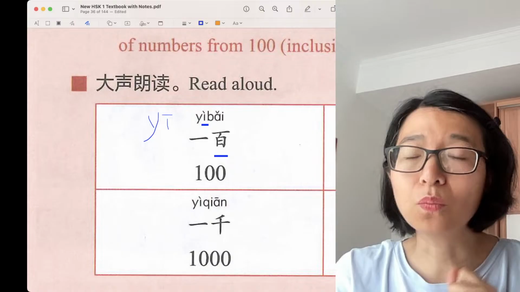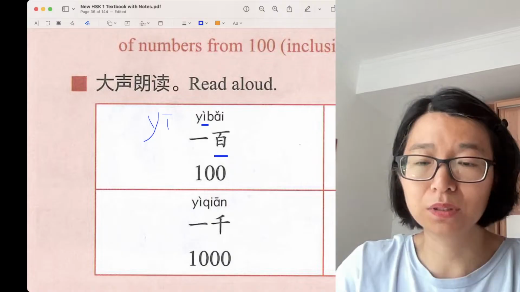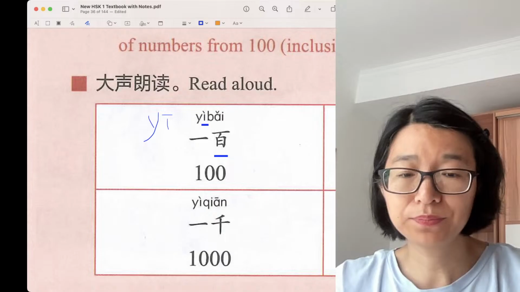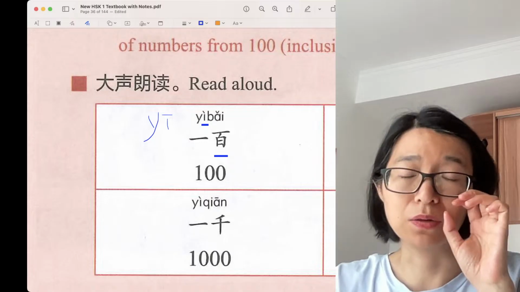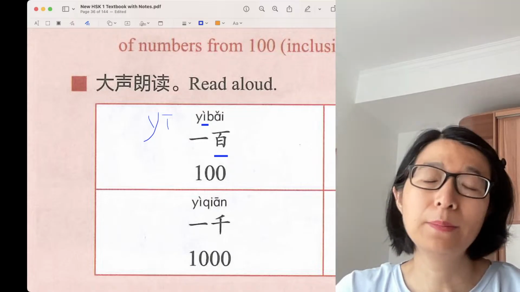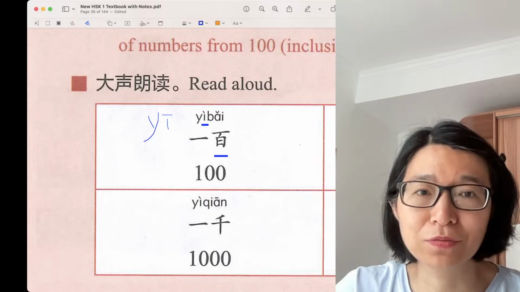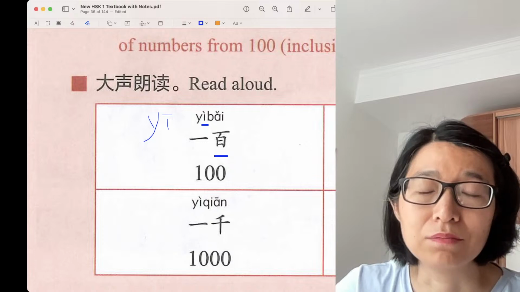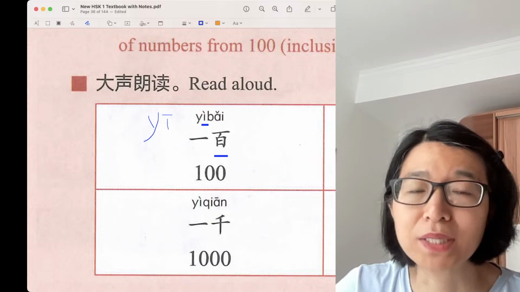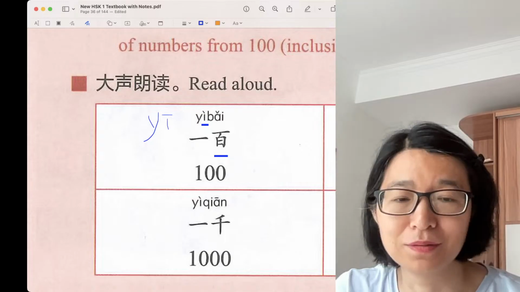When we count 1, 2, 3, 一 just stays the same original first tone. But when 一 is together with something else, for example the third tone, we will say 一, and you can see 一 already changed to a falling tone. Why? Because it's easier to say.